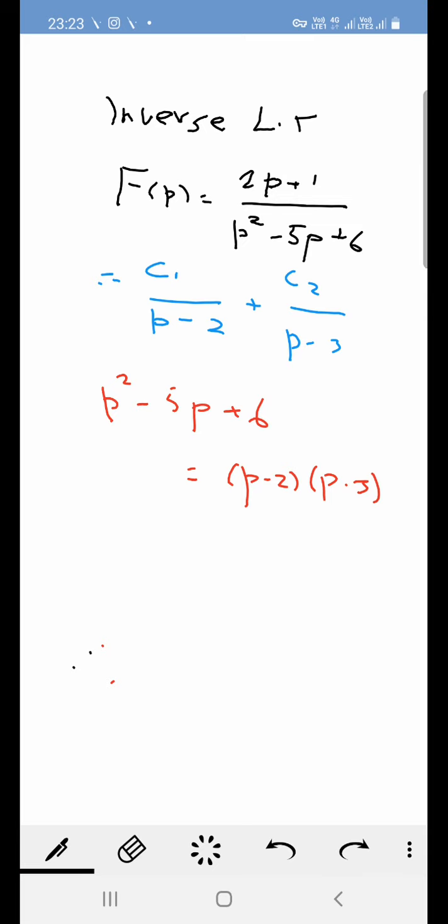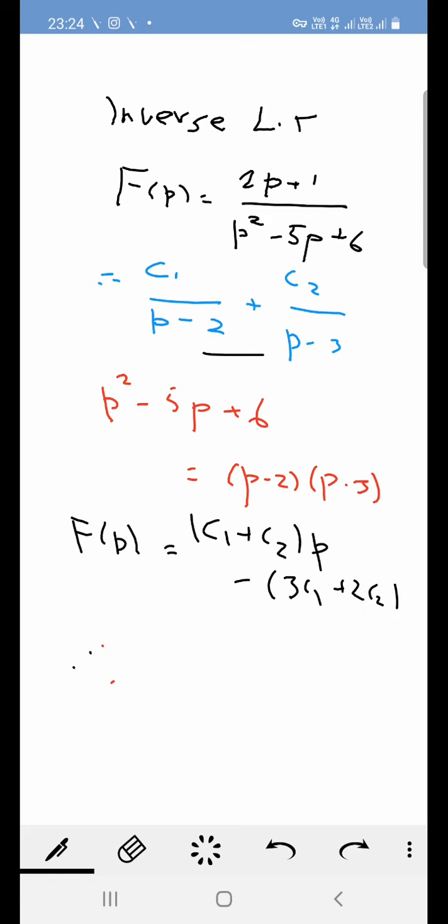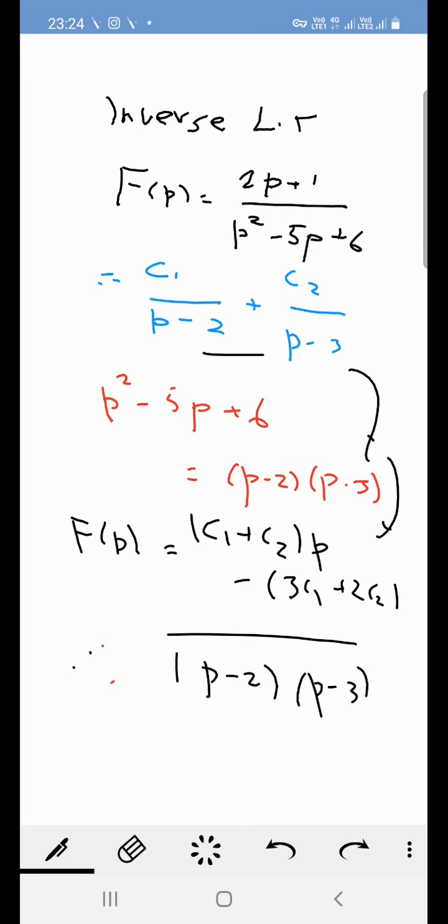So therefore F(p) can now be written as C1 plus C2 into p minus 3C1 plus 2C2, divided by p minus 2 into p minus 3.